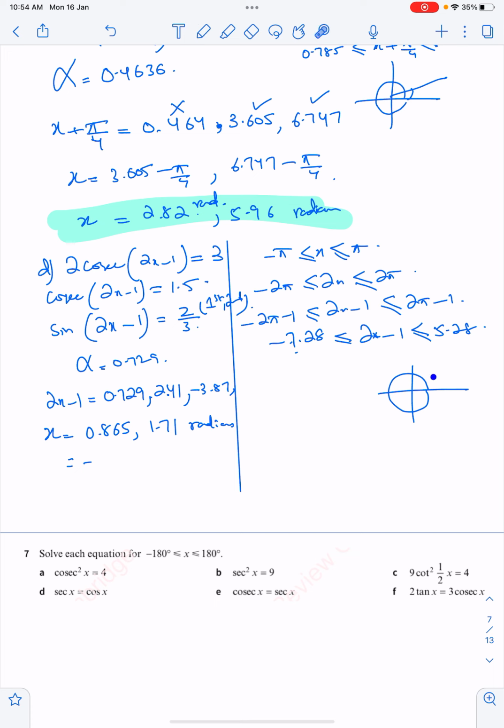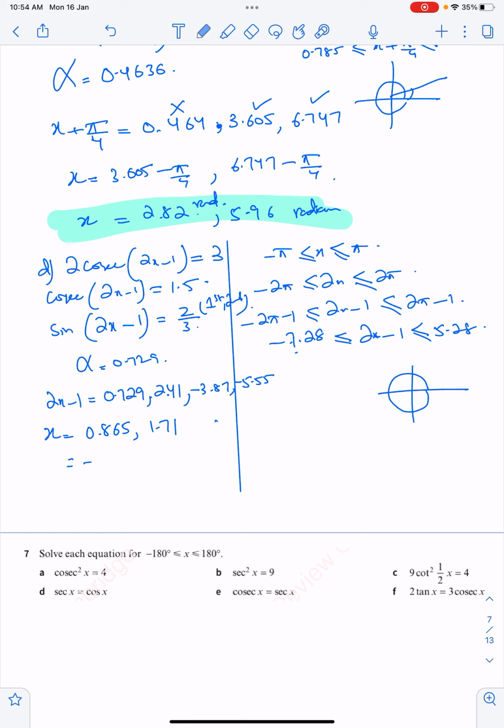And then for this quadrant, it will be 2 pi minus the basic angle, 2 pi minus 0.729, which is 5.55, but with a negative sign obviously you have to take it, minus 5.55. So these two answers also you have to add 1 and divide by 2 to get the final answers.